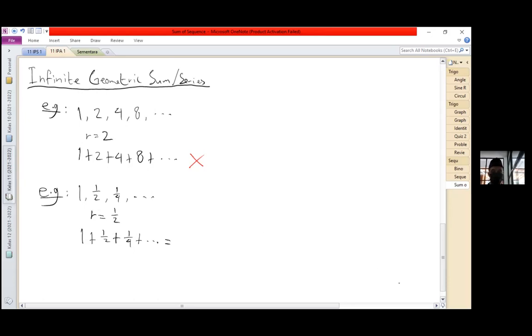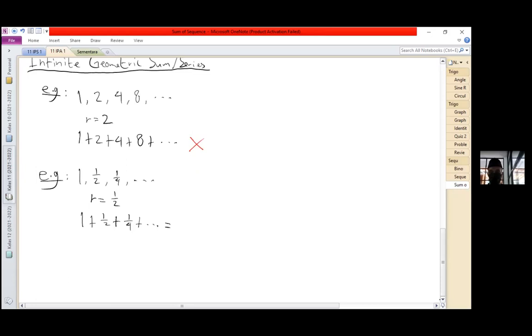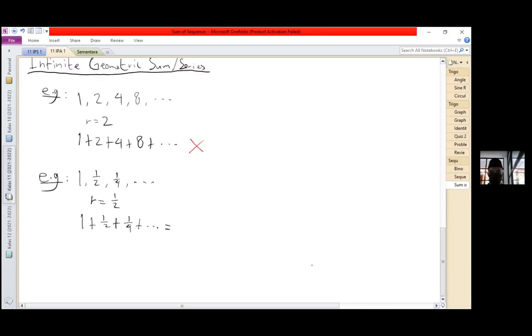So what will the sum be? Okay, let's do something like this. Let's use a number line like this. We have 0, 1, 2, 3, and so on.